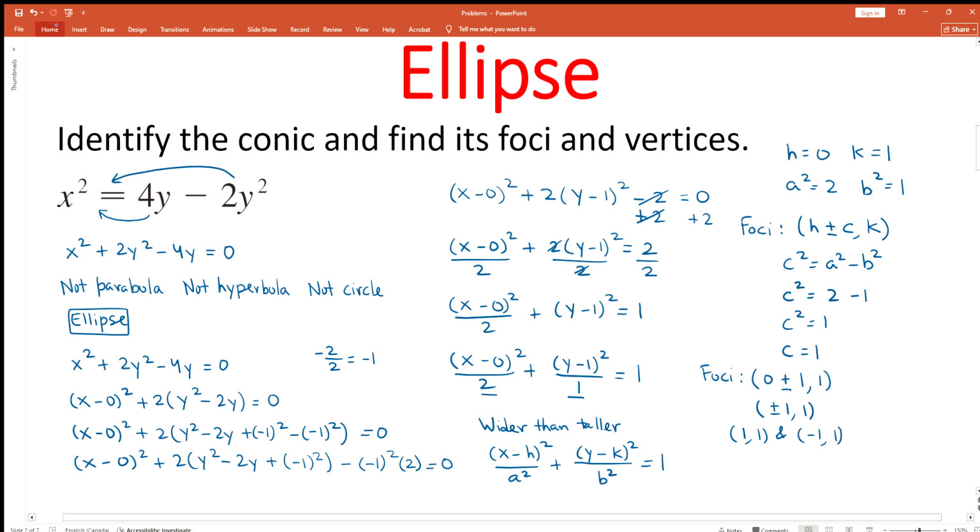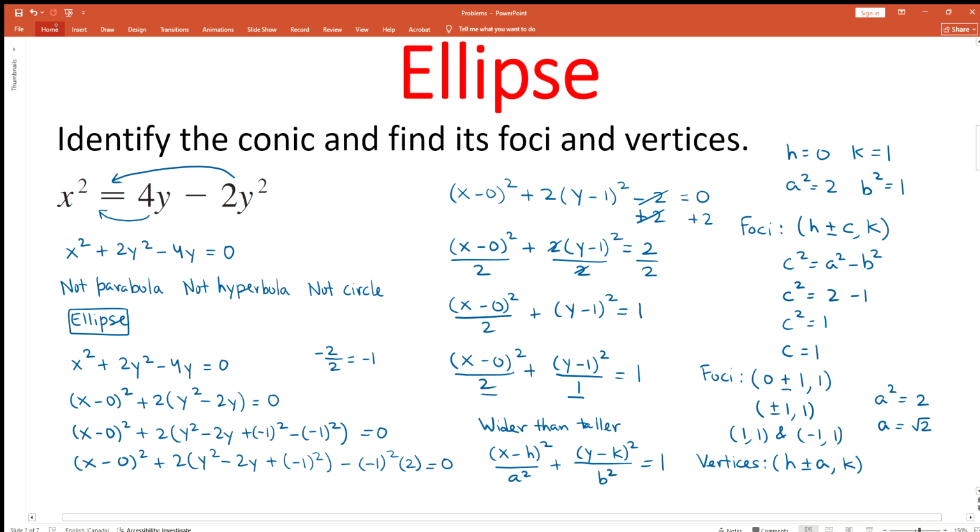Next, we can find the vertices of this ellipse. The setup for vertices of an ellipse that is wider than taller is h plus minus a, comma k. We found out that a square is equal to 2. So the value of a is equal to square root 2. We apply square root to both sides.